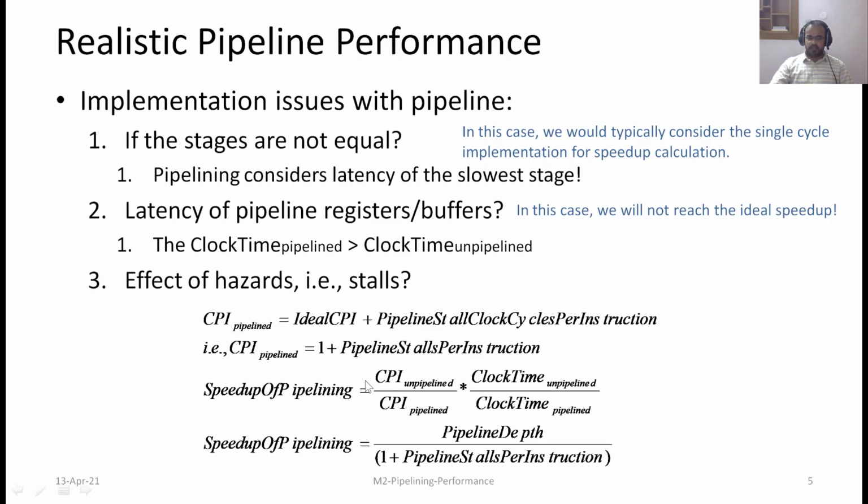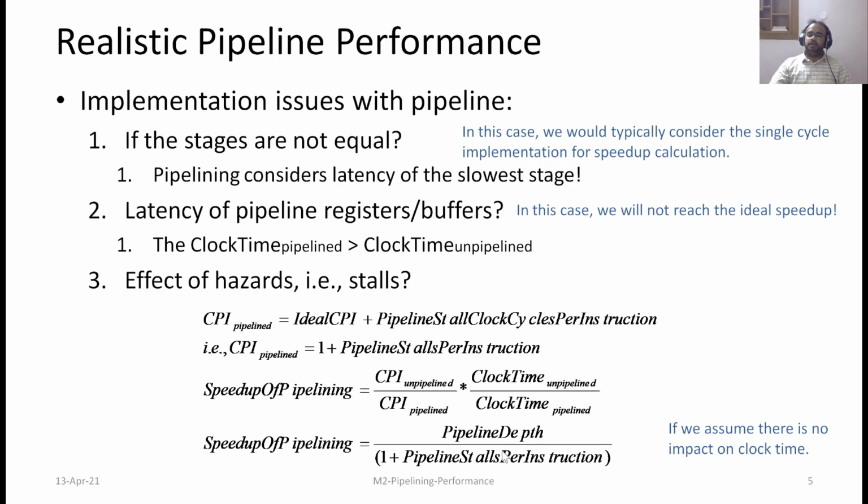Now if we look at the speedup of the pipeline implementation, it would be the pipeline depth upon 1 plus the number of stalls per instruction. Now in the ideal pipeline case, the number of stalls per instruction is 0. So the speedup is equal to the pipeline depth, right?